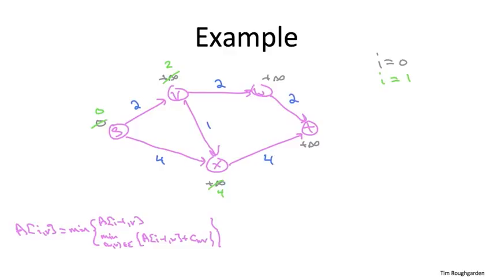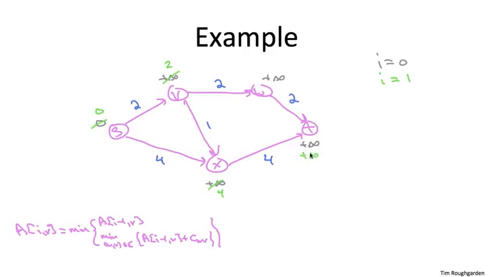The reason is, if you look at the recurrence, when we compute the subproblem value at a given iteration i, we only make use of the subproblem solutions from the previous iteration i minus 1. We do not use any of the updates that have already happened in the current iteration i. So because when i equals 0, A[0][V] and A[0][X] were both plus infinity, we're going to be stuck with A[1][W] and A[1][T] both being plus infinity as well.